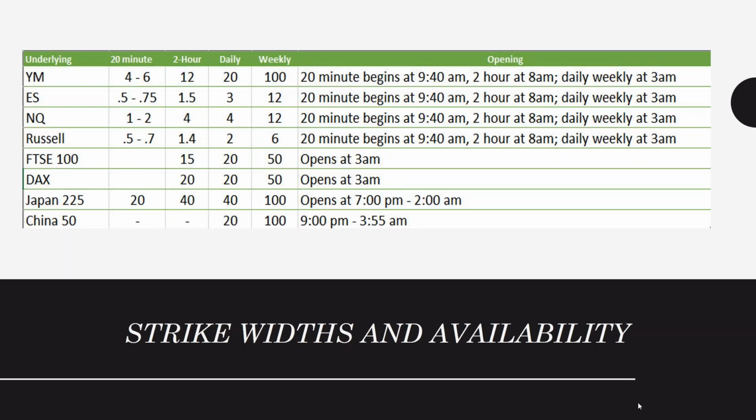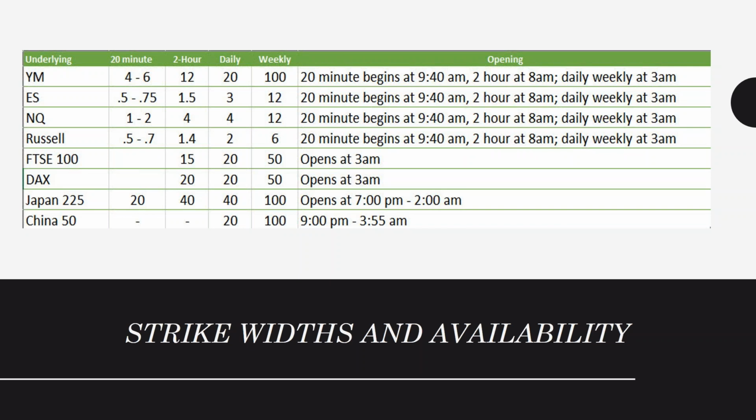Now, this is your strike width and availability chart. On the YM, for the 20-minute, it is a 4 to 6 point strike width. For the 2-hour, it's a 12-point strike width. For the daily, it's 20, and for the weekly, it is 100.